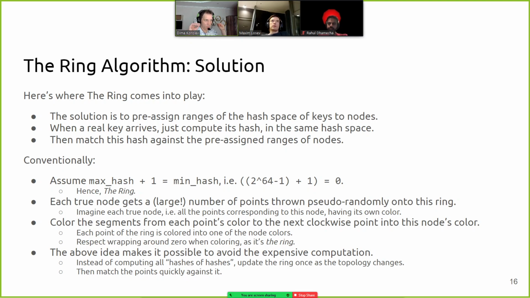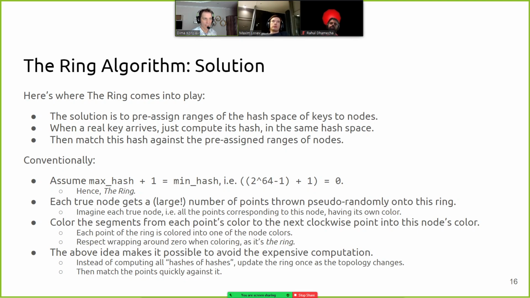You first throw out those points, and then each point is assigned a color, where the color is uniquely described by the machine, by the node index. So colors can be A, B, C, D, and E. And then all these points keep going clockwise until they hit the next point, or potentially wrapping around 0. So your hash space, your ring becomes colored.